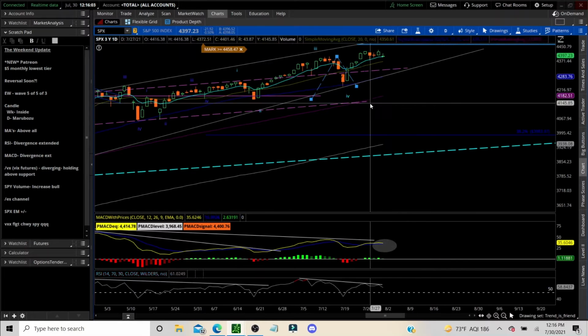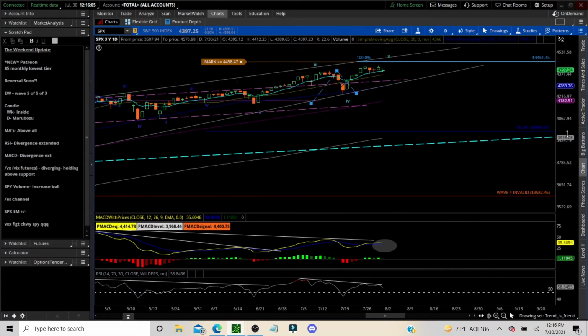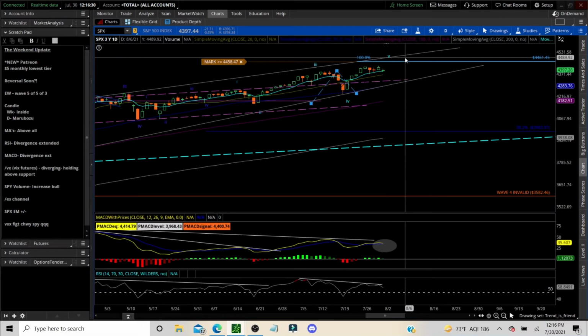We took our extension from the bottom of wave three to the top of wave three, to give us the bottom of wave five. And wave five has to get to this 4461 area. It does not have to stop there, but it has to make it to the 100% of wave three, and we expect it to go a little bit further.